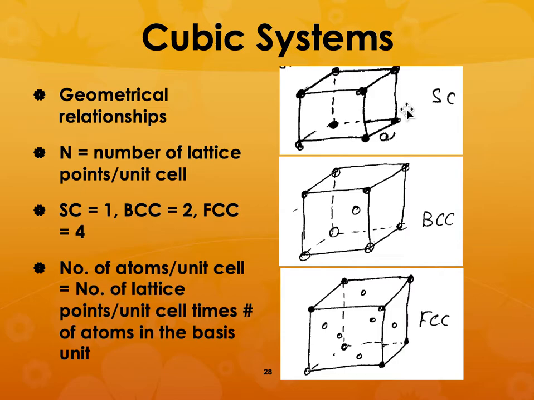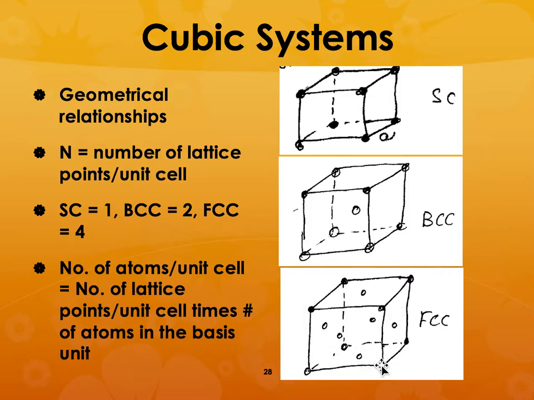So for one unit cell, you essentially have 1 lattice point. In the case of body-centered cubic, you have 1 single atom in the center and 8 atoms that are shared by 8 groups. So that is a total of 2.